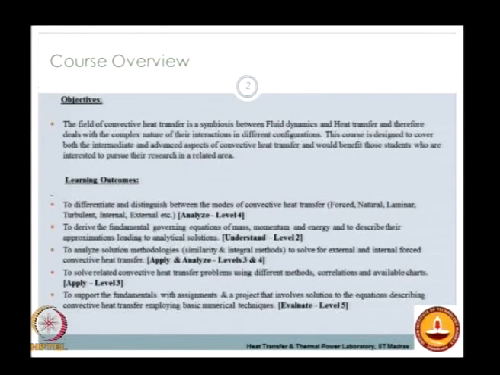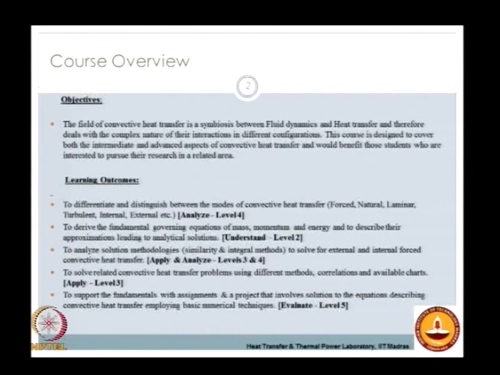You could look at things like forced convection or buoyancy driven convection, which is called natural convection or free convection. Then depending on whether the Reynolds number is less than a critical Reynolds number, you can look at flows which are laminar or flows which become unstable, transition and finally become turbulent, and depending on the flow configuration, whether they are internal or external boundary layers.